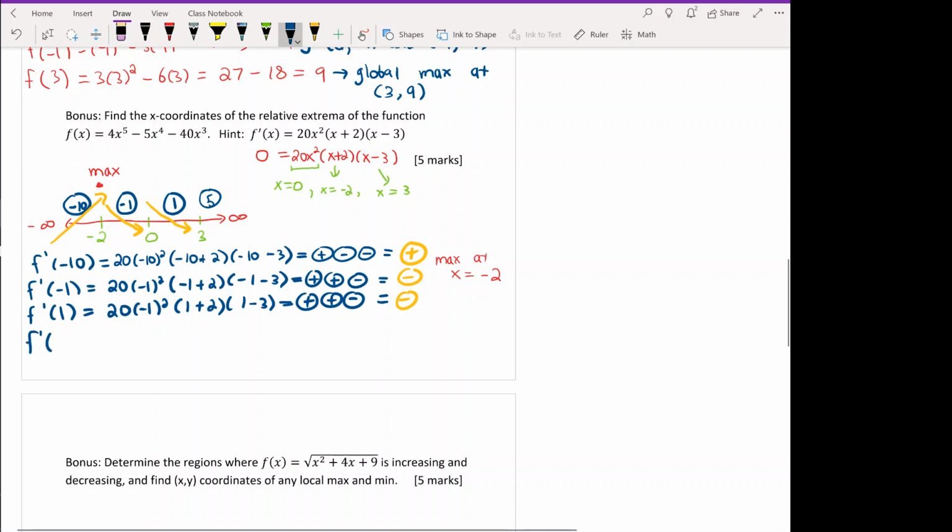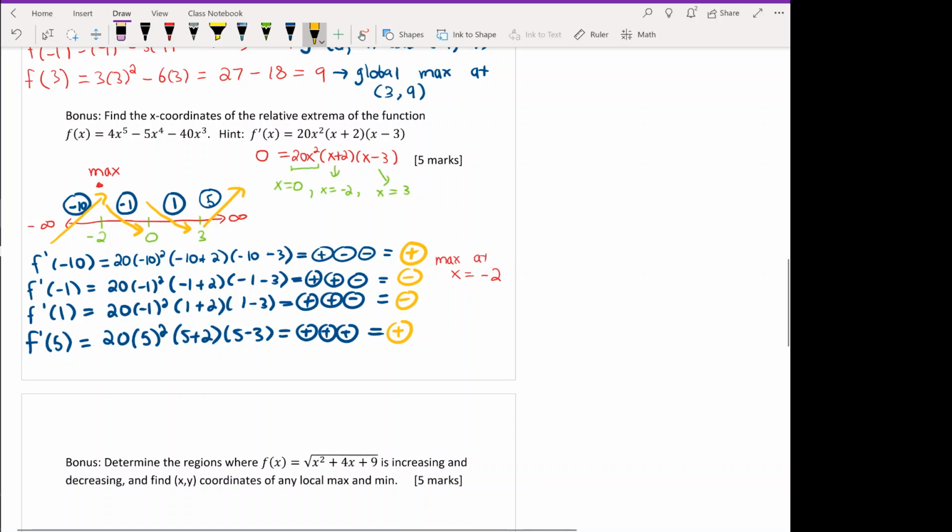Now the last test value, f prime of 5, that's going to be 20 times 5 squared, which is positive, times 5 plus 2, which is positive, times 5 minus 3, which is also positive. So we get 3 positive things all multiplied together, which is positive. Aha, and that's a min.